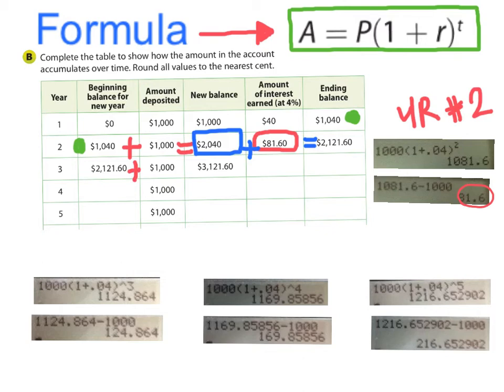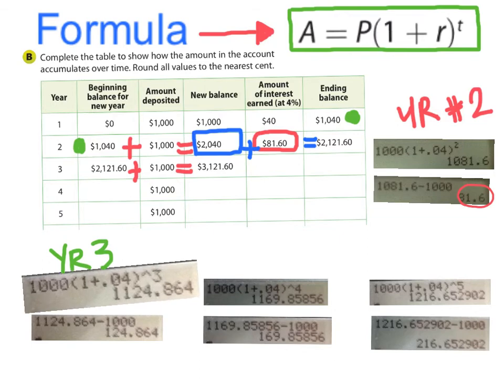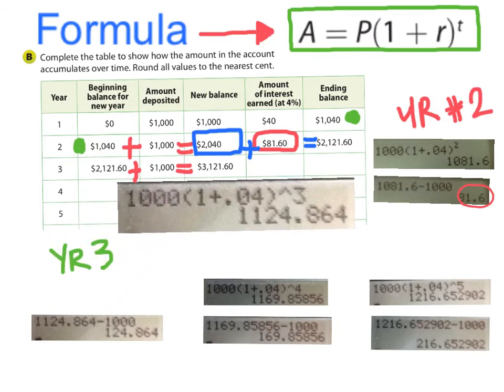I'm going to add what I start with, including the $1,000 I'm adding. Now I get the new balance. Then we're going to fill in a second how much interest, and then the new total. So below the chart, I have year 3. So I'm going to enlarge these so we can take a look at what I actually typed in my calculator.